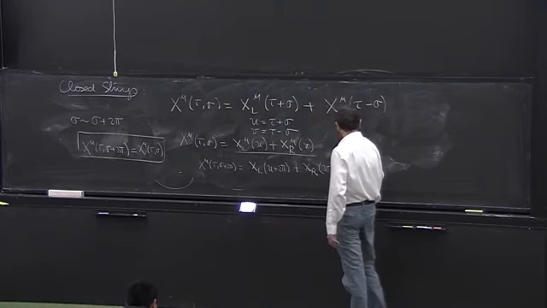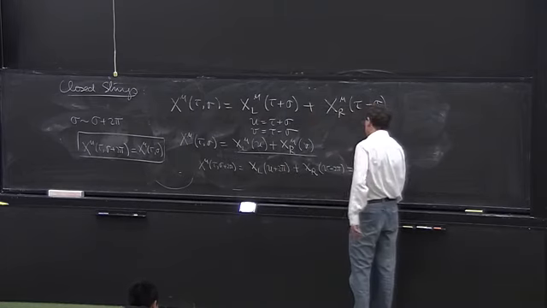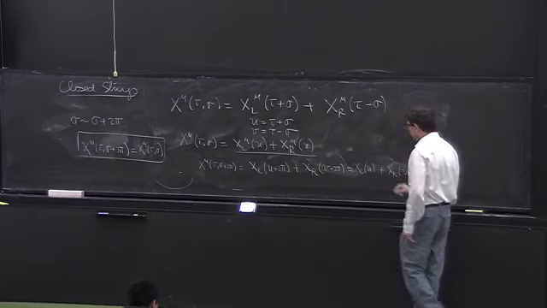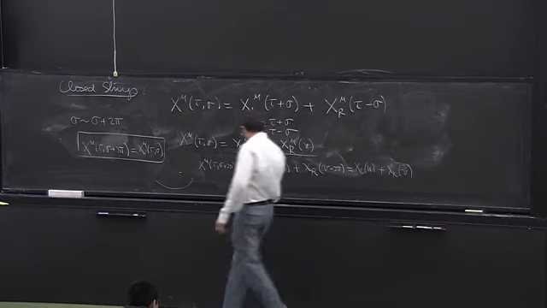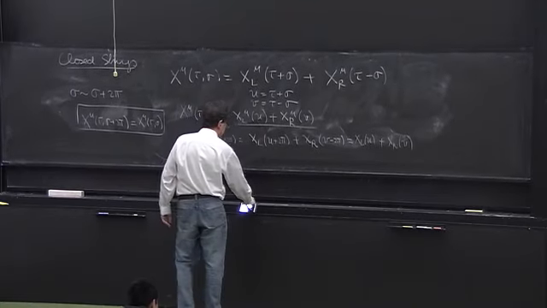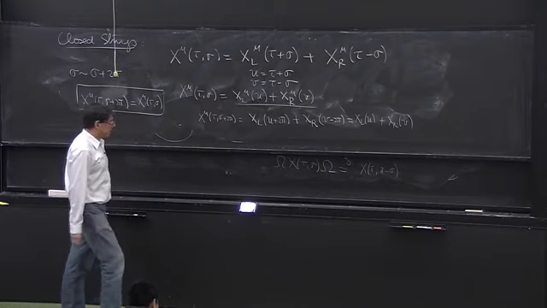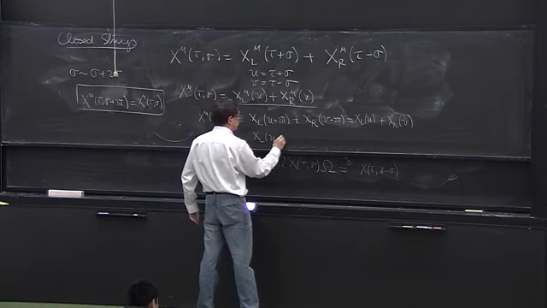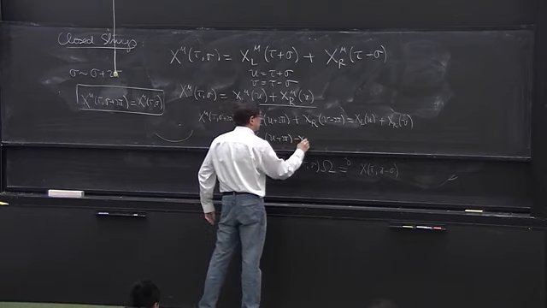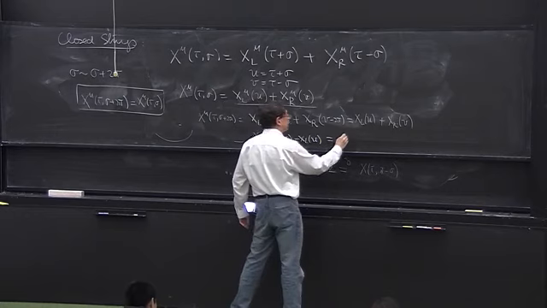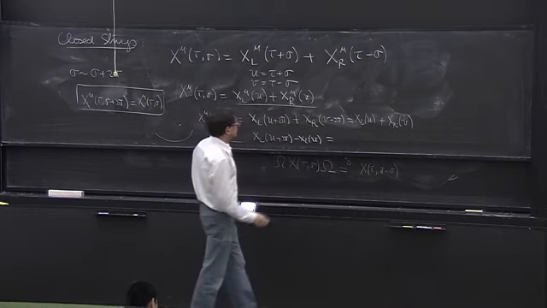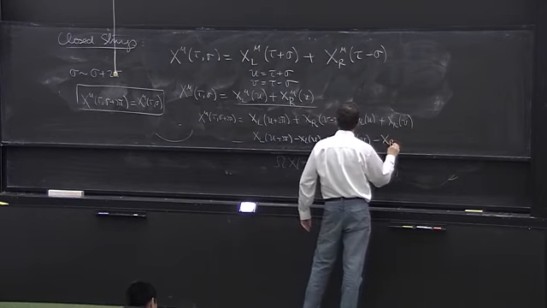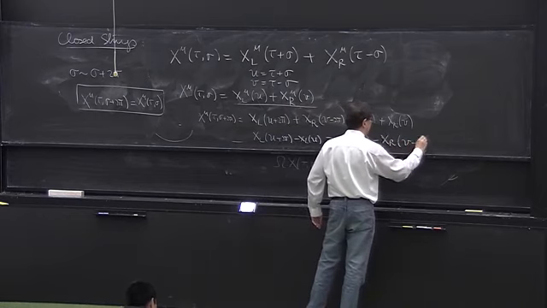And that should be equal to xl, I'm dropping the mu index, of u plus x right of v. Well, we can write this a little nicer by pulling the xl here, xl of u plus 2 pi minus xl of u. And on the other hand, you have here x right of v minus x right of v minus 2 pi.